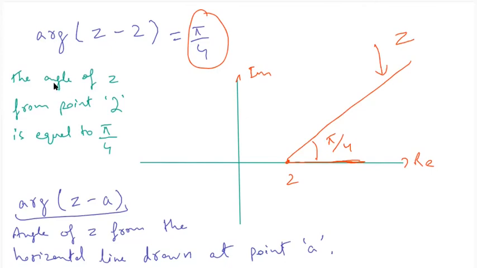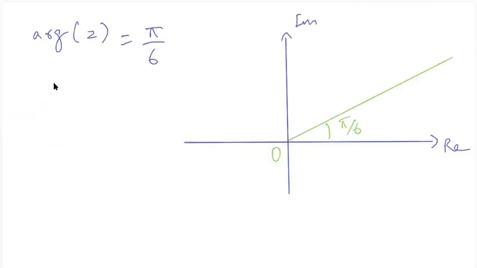Yeah, so Ramesh, let me come to your question. Argument of z minus a है ना यहाँ पे, because angle of z from the horizontal drawn at a. देखिए पिछला केस भी उसी के एक specific case example थी. Argument of z रखा हुआ था ना यहाँ पे.